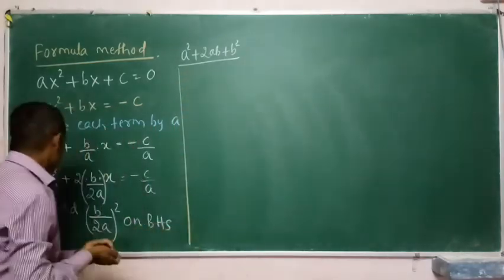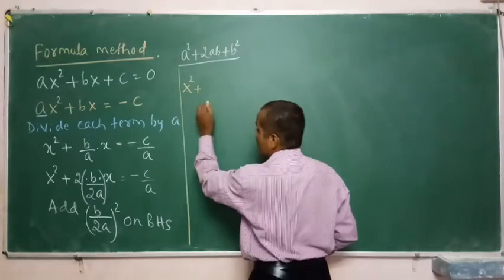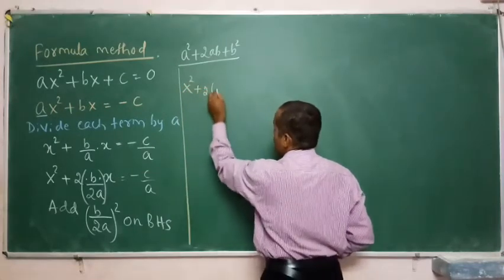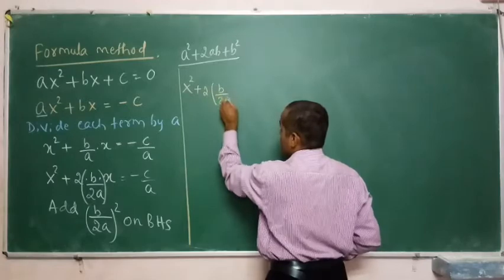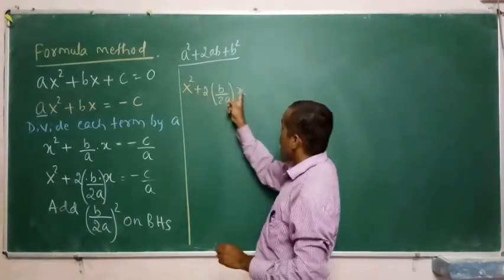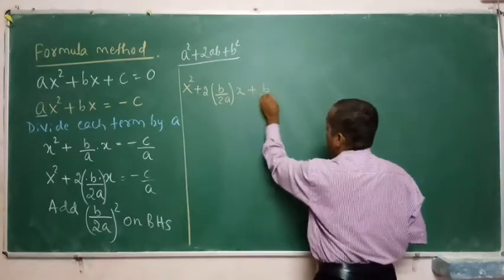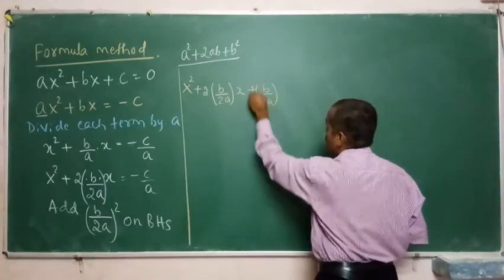What happens? x square plus 2 into b by 2a into x, a square plus 2ab plus b square, b by 2a the whole square.